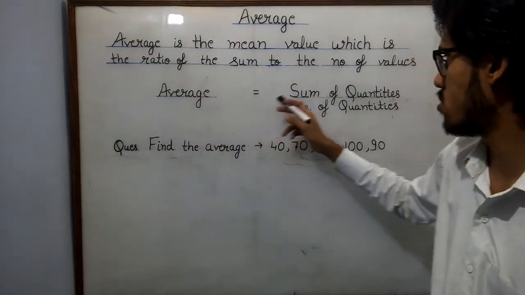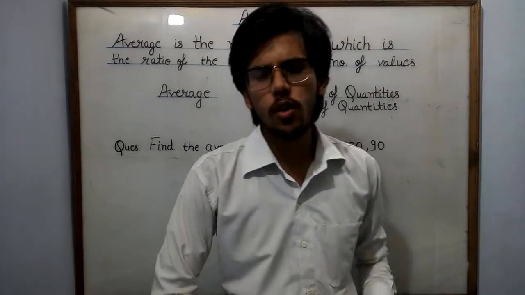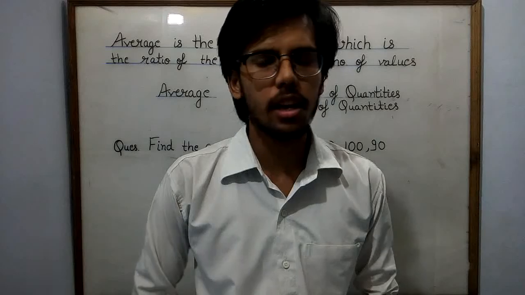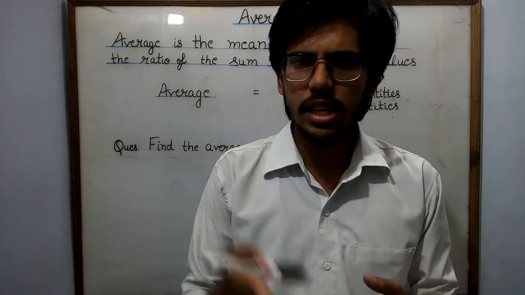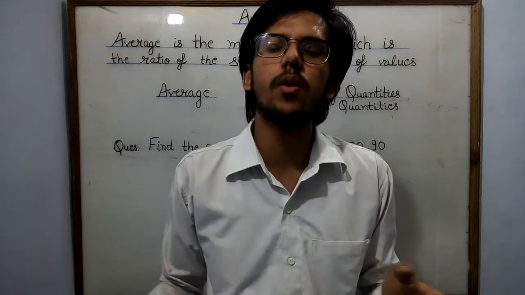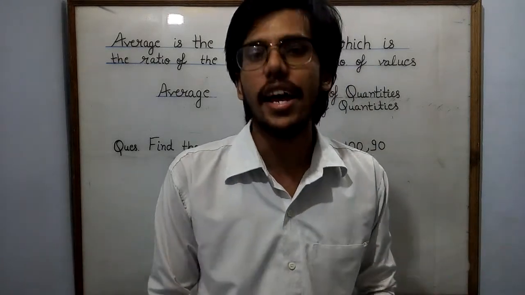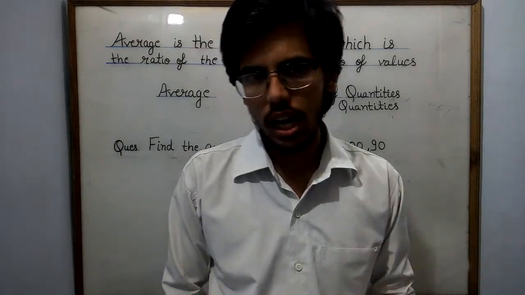Average is equal to sum of quantities upon number of quantities. Values or quantities, they are just similar things. Sum means adding whatever values have been given to us. We will add all the quantities and then divide by the number of values given to us.